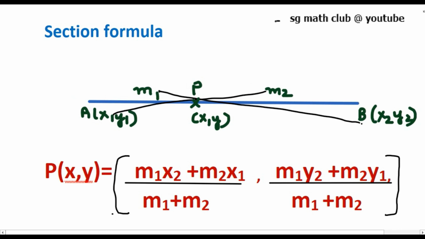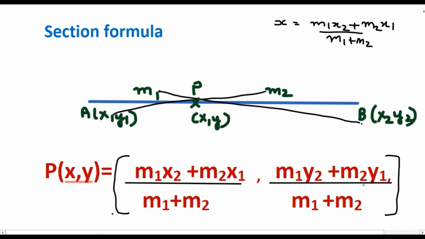Together we will write it like this. The coordinate of P is m1 x2 plus m2 x1 divided by m1 plus m2, comma, m1 y2 plus m2 y1 divided by m1 plus m2.